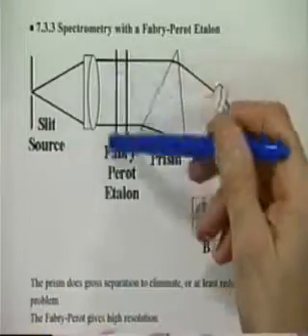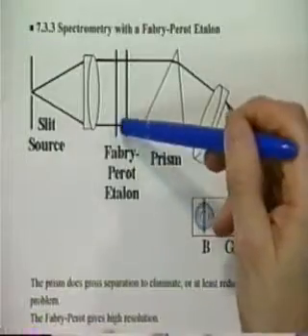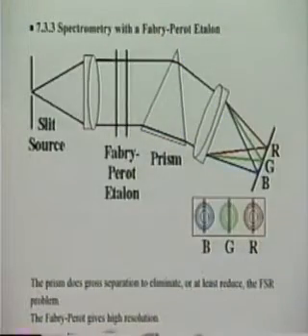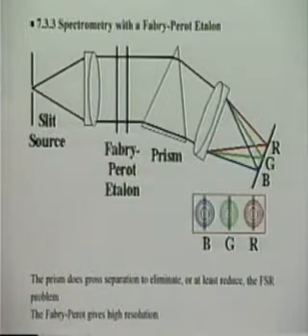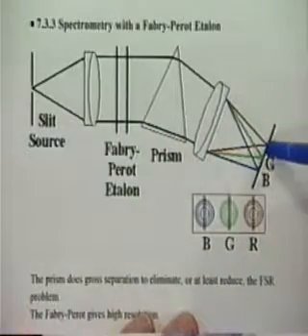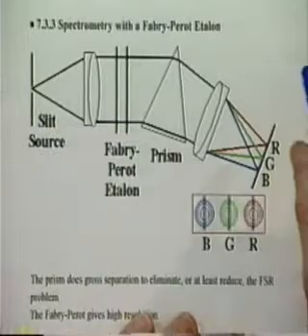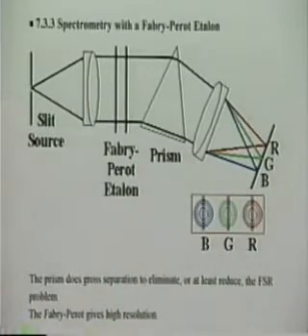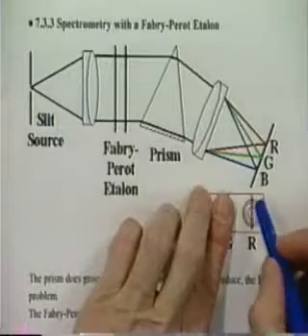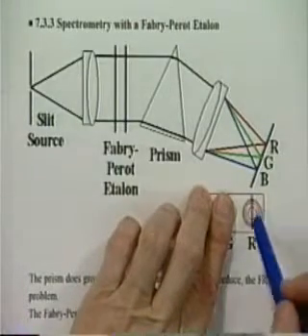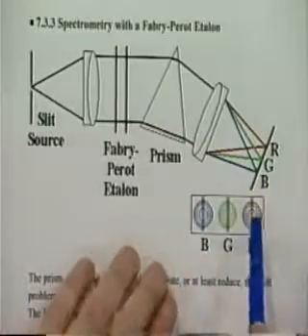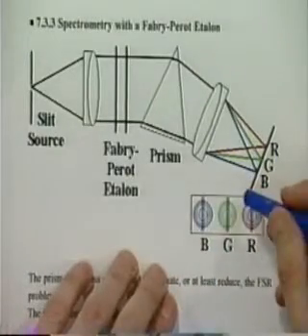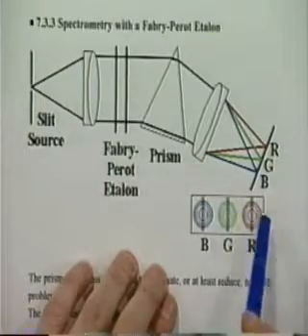Now, after this collimator, we place a Fabry-Perot. And we think of a Fabry-Perot where we have very high reflectivity. And so for a given angle, only certain wavelengths are going to be transmitted here. So if we come over here, what do we have? Well, if we had only the Fabry-Perot, what we would see would be some circular ring pattern.